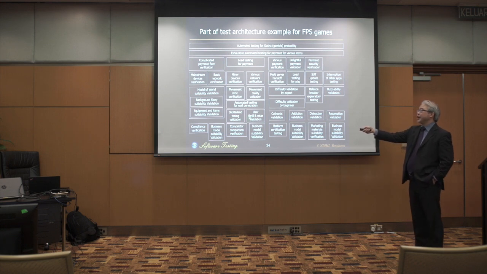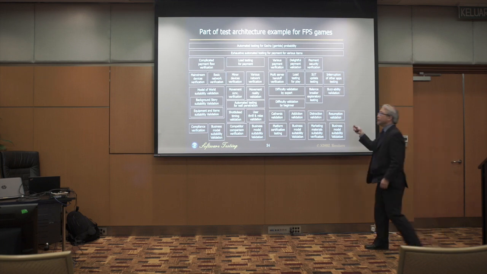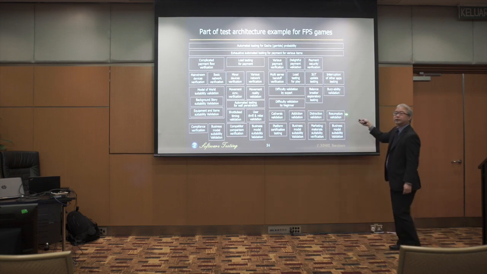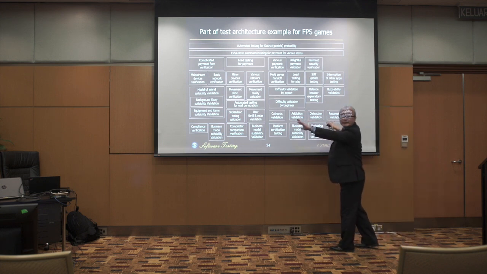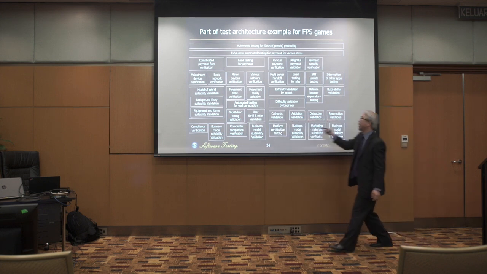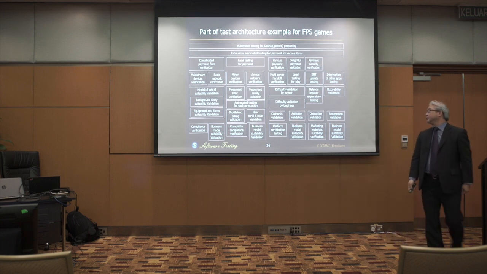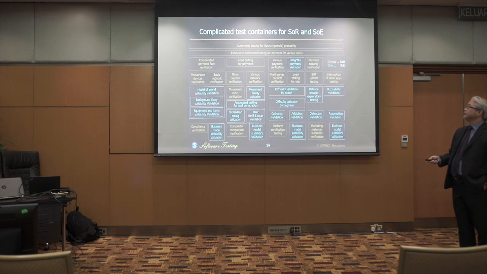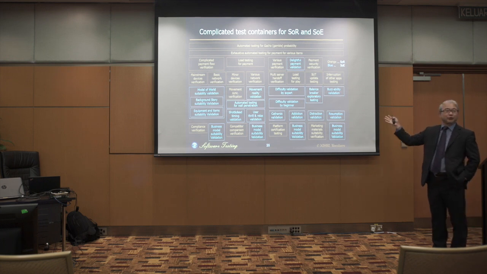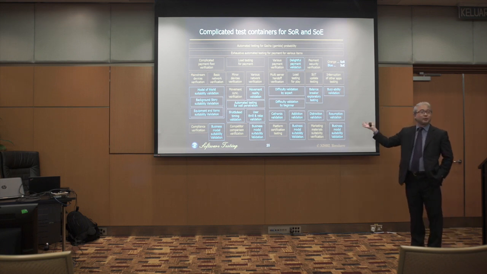And user thriller and relax validation, catalysis validation, addiction validation, distraction validation, resumption validation. This row is spectral between mode 1 and mode 2. It's integrated. So orange boxes are for system of records, and blue boxes are for system of engagement testing.